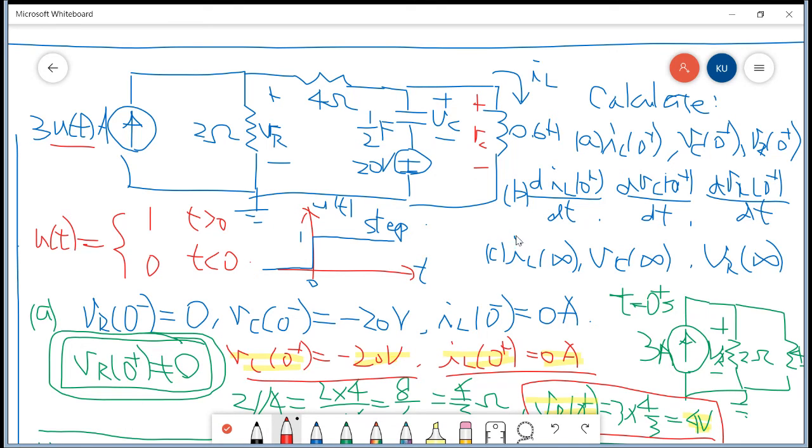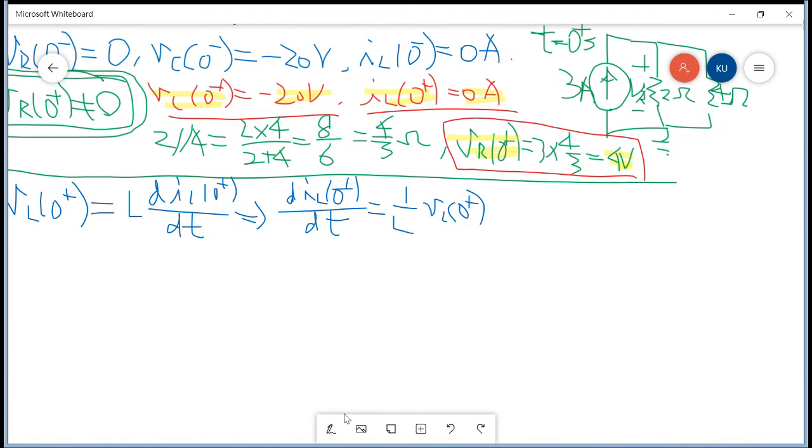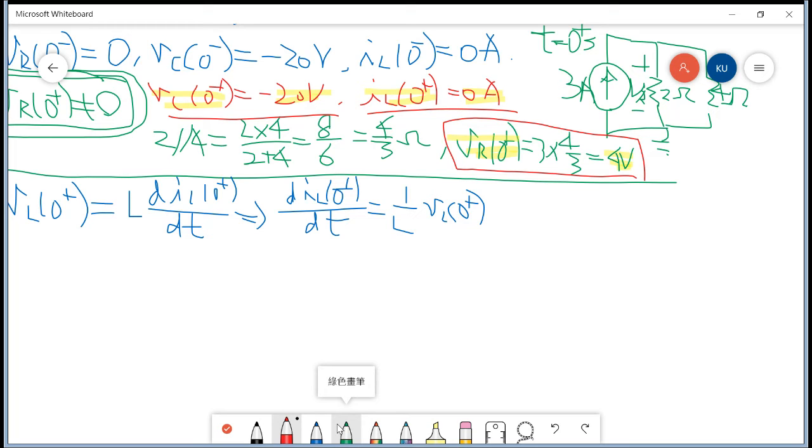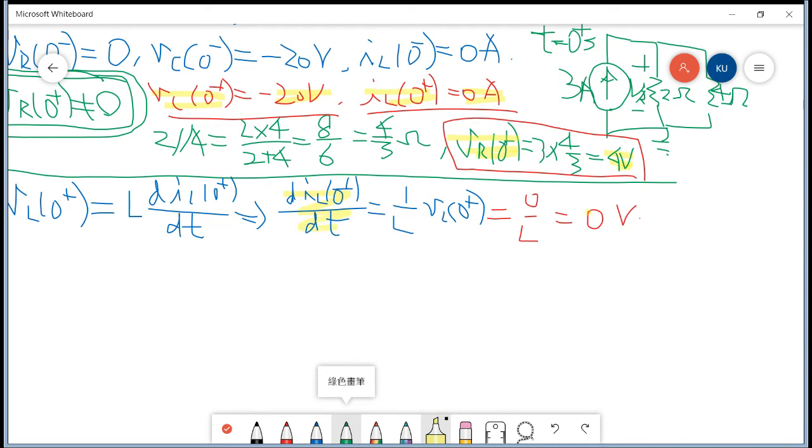So VL(0+) is 0, which means this is 0 over L, which is 0 volt. So this is one of the answers for part B.